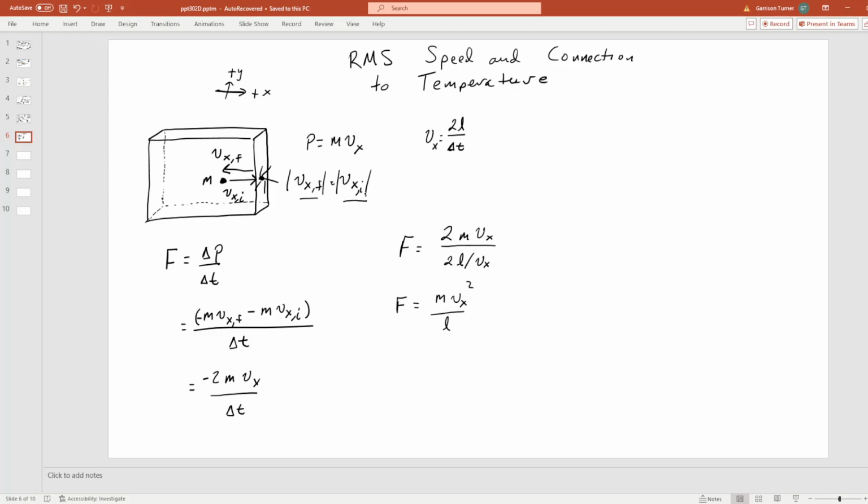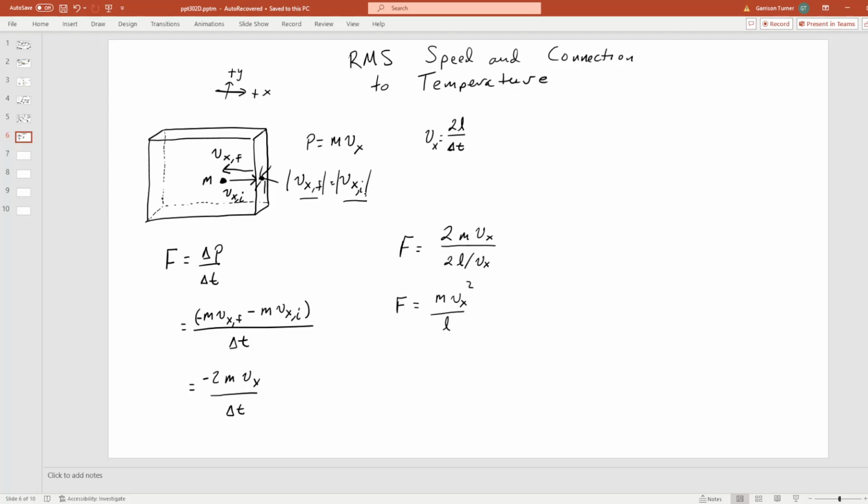But if we're concerned with the change in momentum on average, in other words, if we just let this molecule loose in the container and let it bounce back and forth, what is the long-term average force that it will exert on the side of the container?